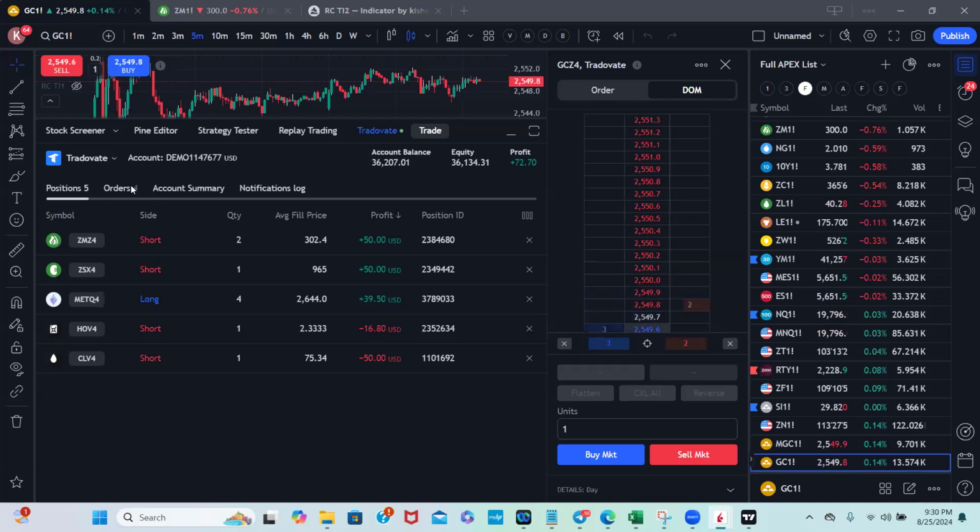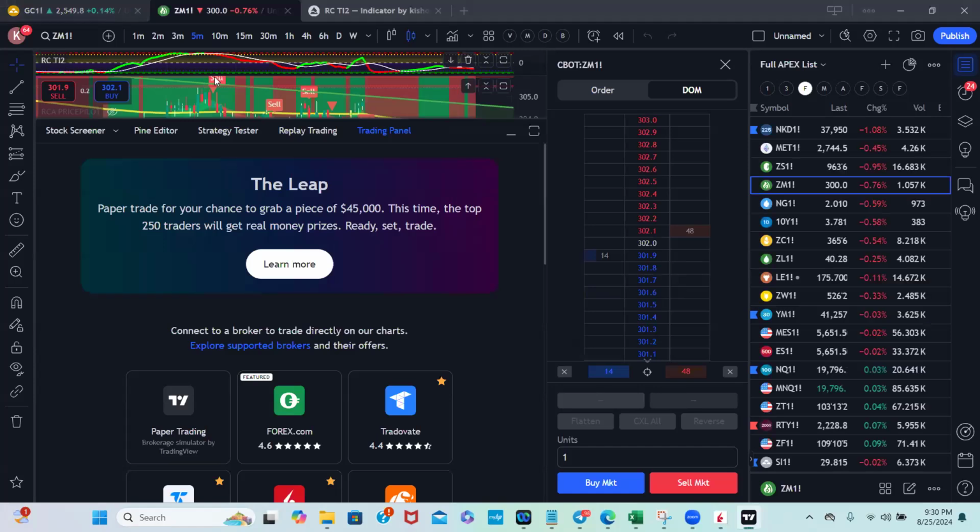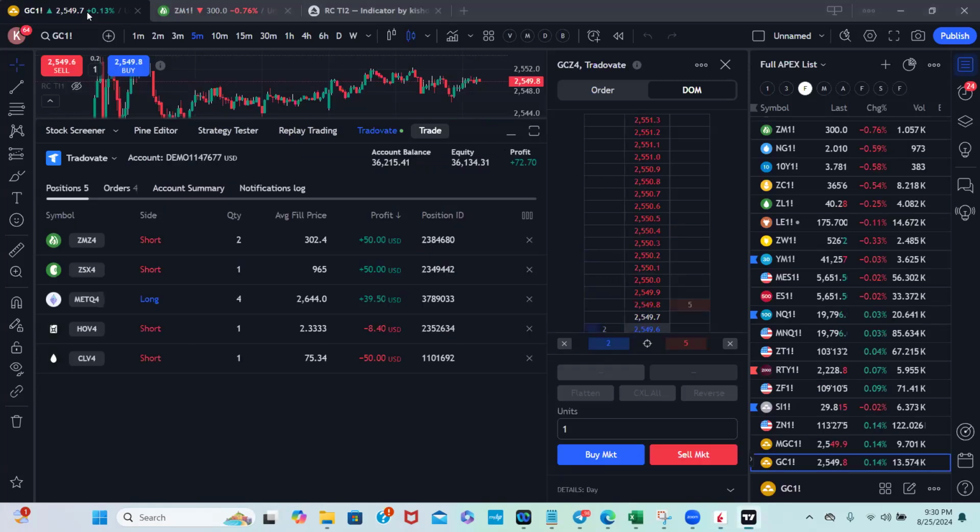So now these are the positions. If you go to the orders, let's create one stop loss order and we'll see here.